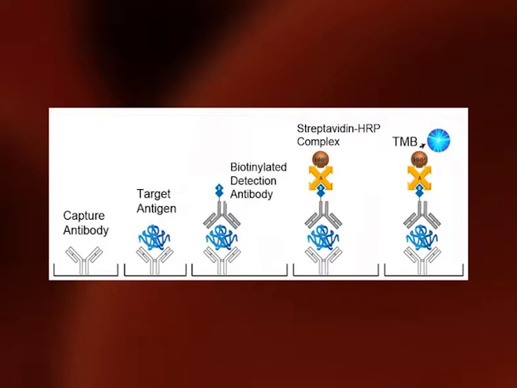To detect the bound antibodies or antigens, secondary antibodies that are attached to an enzyme such as peroxidase or alkaline phosphatase are added to each well. After an incubation period, the unbound secondary antibodies are washed off. When a suitable substrate is added, the enzyme reacts with it to produce a color.